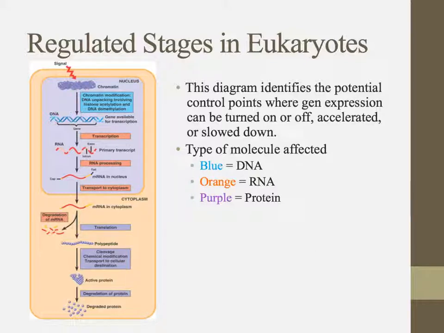In this diagram, everything in this purple shaded area is happening inside the nucleus, and everything outside of that is happening out in the cytoplasm. The blue, right here, refers to the DNA being affected. Orange, right here, is the RNA affected, and purple down here will be proteins. So let's start looking at what's going to happen to the DNA in regulation.